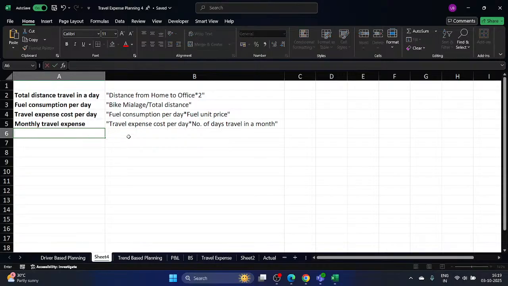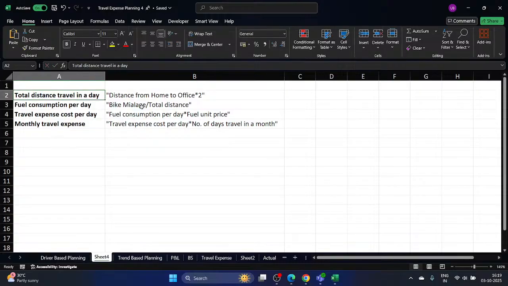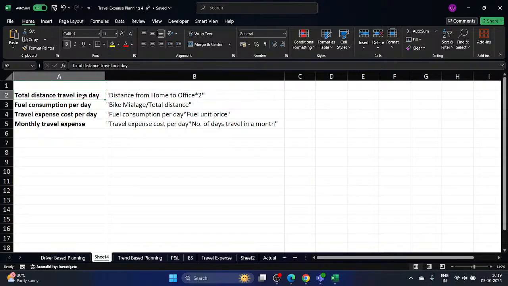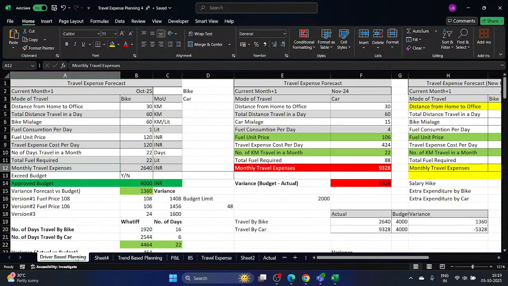So these are some basic driver based calculations. Here we could say that the particular driver is here, and the calculation on the basis of driver which we have written here: total distance travel in a day, fuel consumption, travel expense cost per day, monthly travel expense.